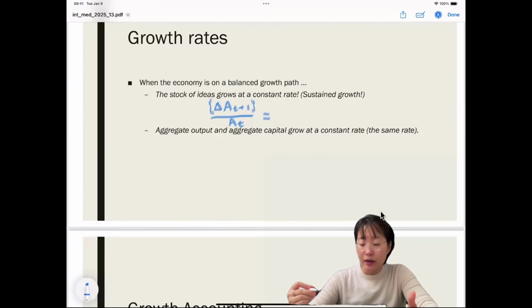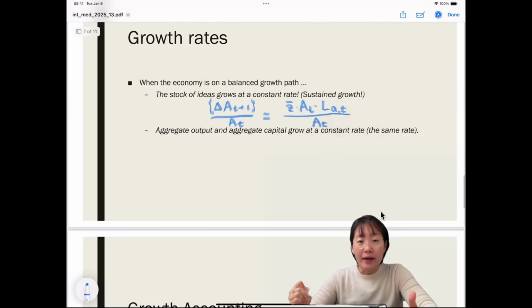innovation equation. We have the efficiency of producing ideas, and then we all stand on the shoulders of giants, the current level of ideas. And then we need researchers. And as many as we have, we can produce a variety of ideas. So we put number of researchers there and divide it by the current level of ideas.